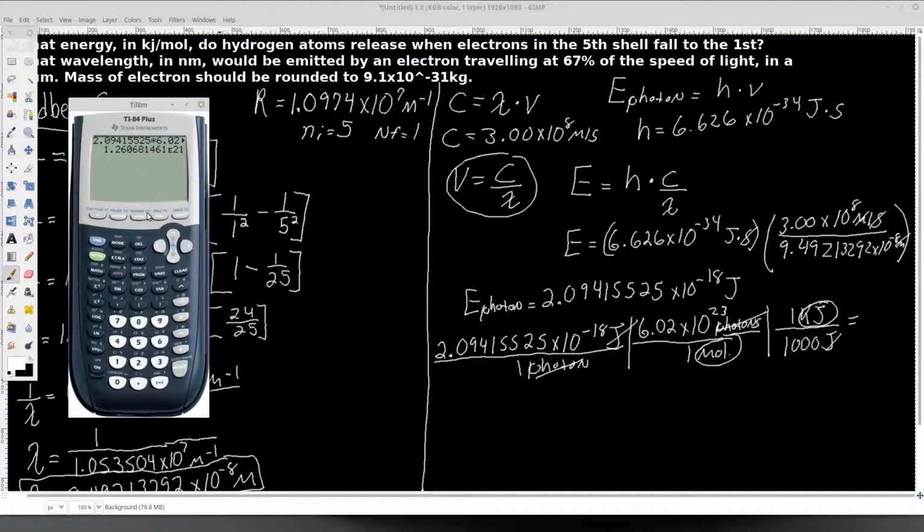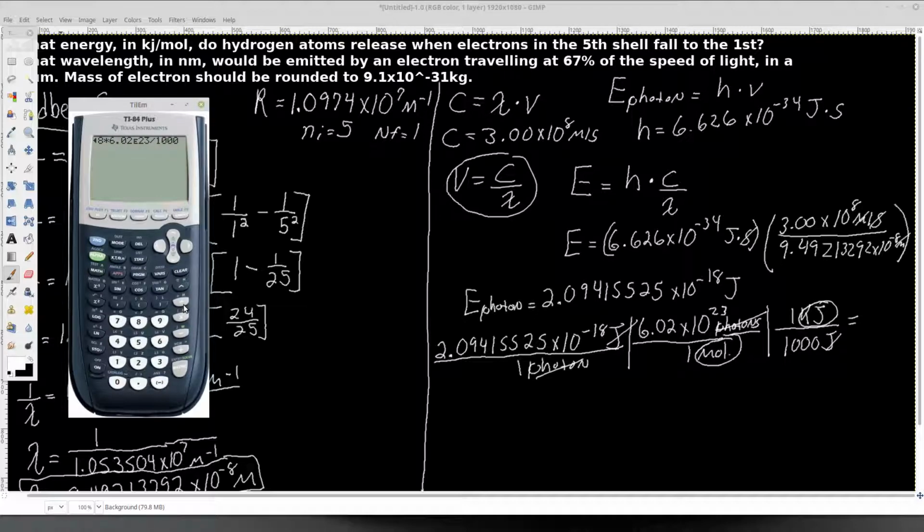That doesn't look right because that's a negative 18 and that's a 23. I must have typed it in wrong. Let's type it in again. I think I forgot my exponent. So 2.09415525 times 10 to the negative 18 times 6.02 times 10 to the 23rd divided by 1,000.